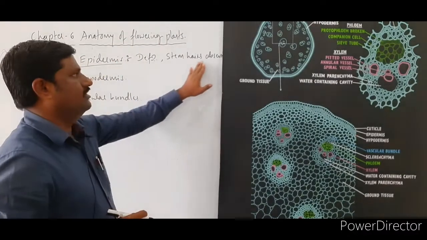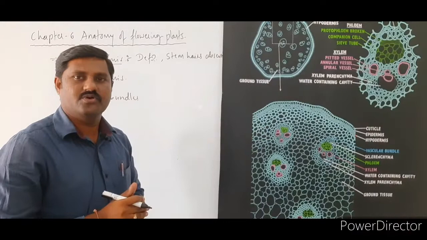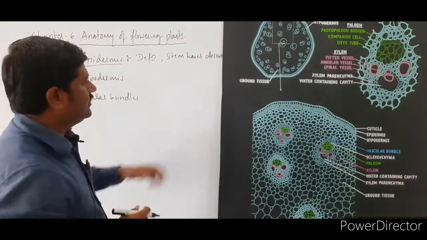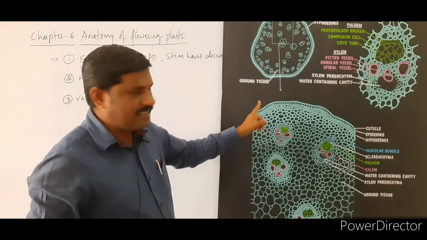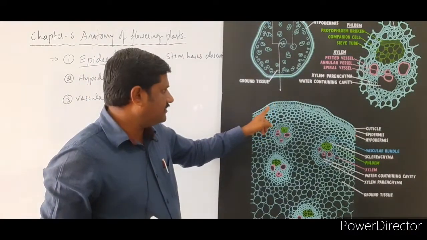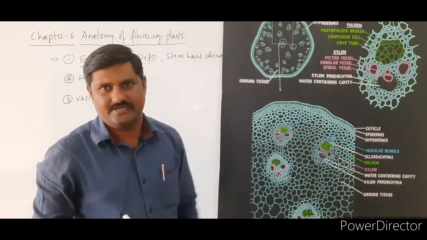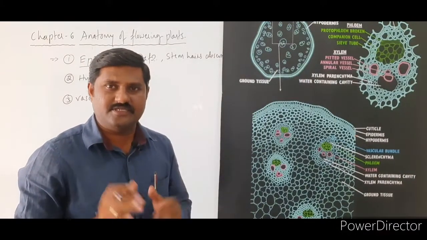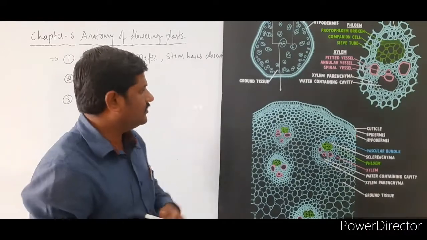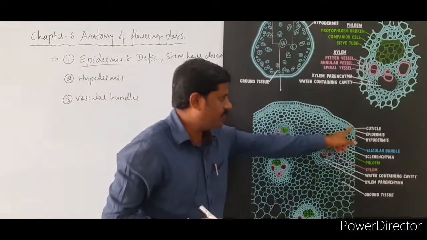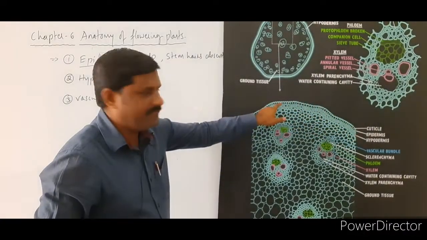So this is a unique feature of this monocot stem. And the next one, cuticle. Cuticle, sometimes it is present in some of the stems, right? So this is more important thing about the epidermis.